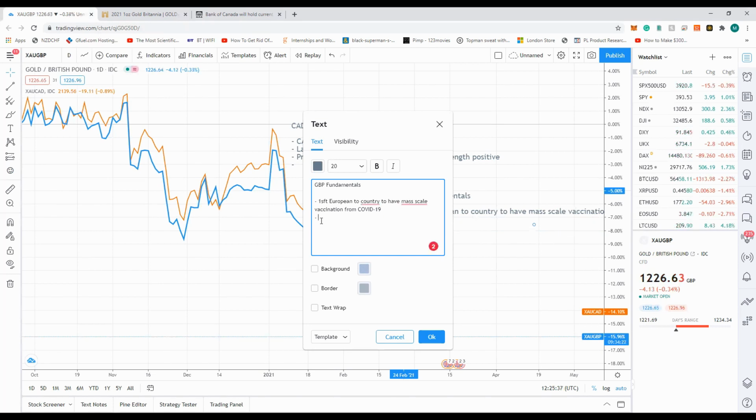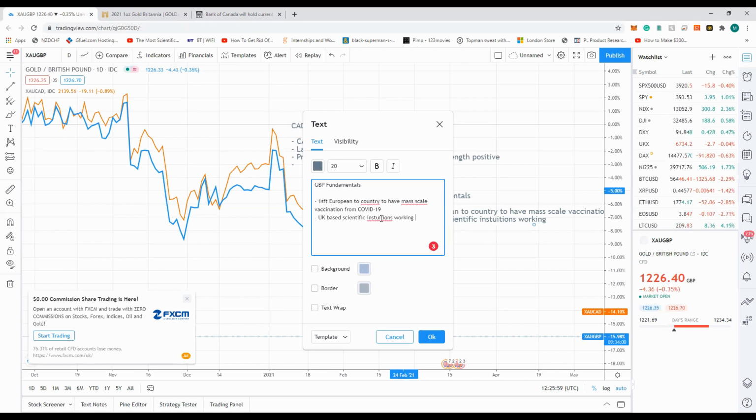So UK-based scientific institutions, let's put the country here.